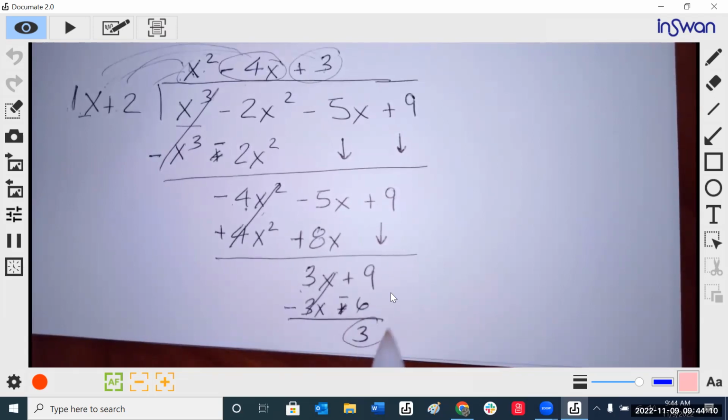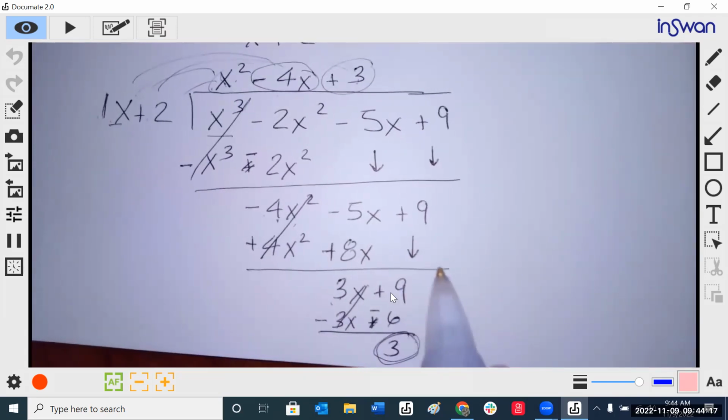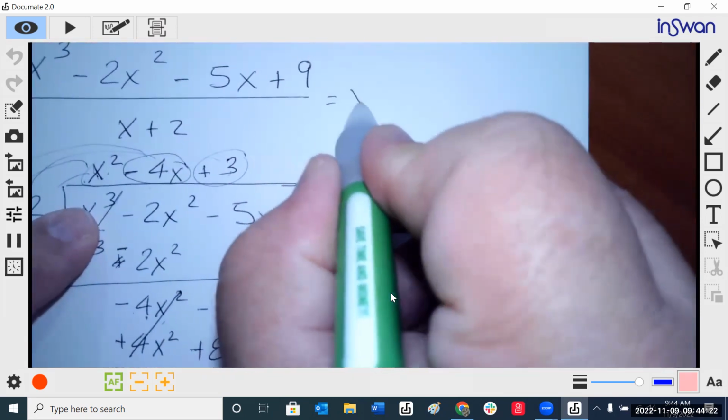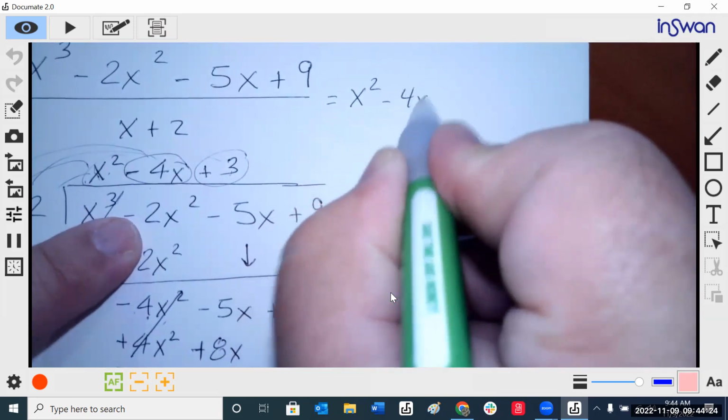So here we have a remainder. It's a positive 3. So our answer will look like this. Our quotient, x squared minus 4x plus 3.